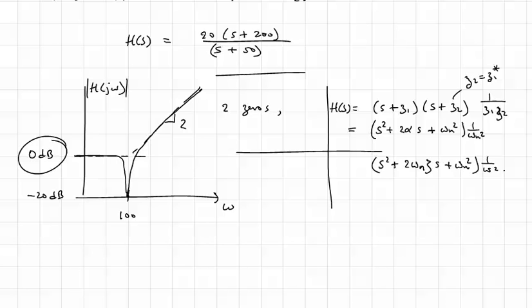Okay. And the way that you find the exact values is, well, because the peaking occurs at 100, this right here is actually omega n.